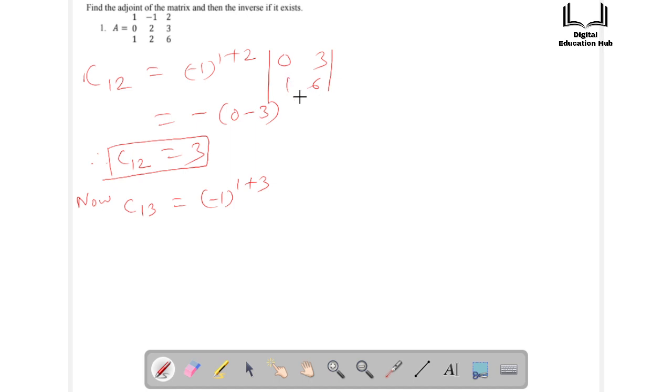Now it is not necessary to mention this minor, because I know this one. So C13, that is M13, now you directly write down what is the value of M13. For this one you find out the minor. That is coming to 0 minus 2, and you just solve. This is minus 1 raised to even number, that is going to be positive, and this is positive, and minus 2, answer is minus 2.